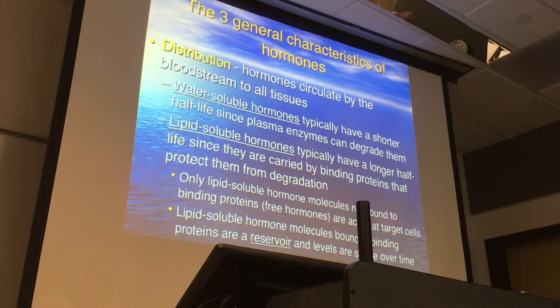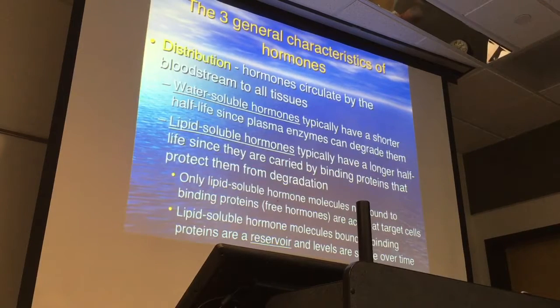Sometimes they're carried by other proteins, but they can float free in the bloodstream. They typically have a shorter half-life, and the reason is because there are water-soluble enzymes in the plasma to degrade molecules that aren't supposed to be there. So water-soluble hormones typically have a shorter half-life.